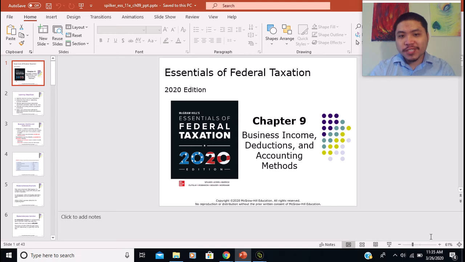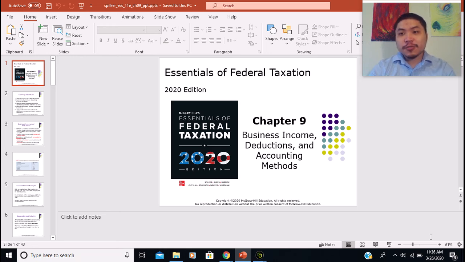Right? So starting from chapter 9, we're gonna start to talk a little bit about the business side, like how to calculate, how to compute the income for business, right?